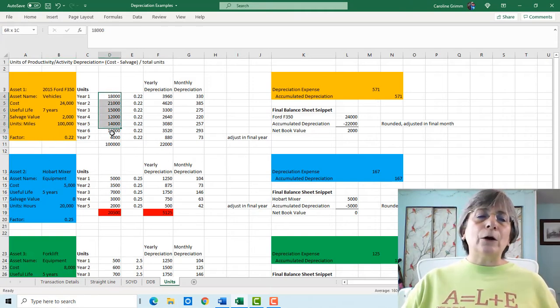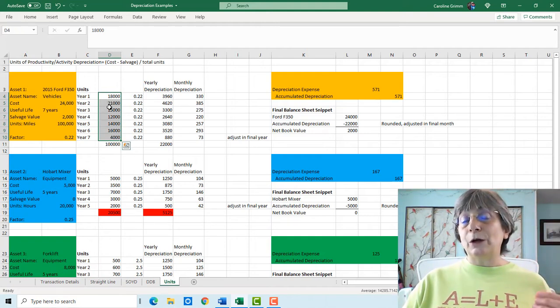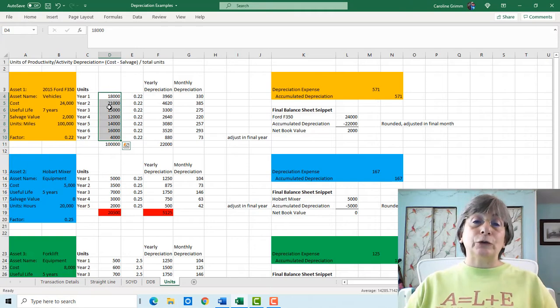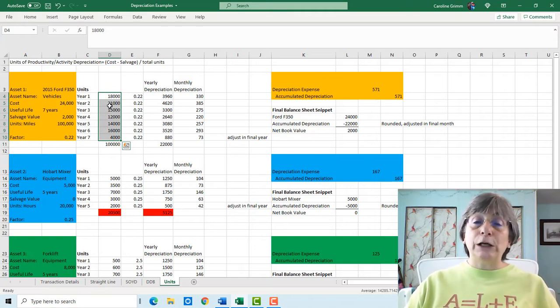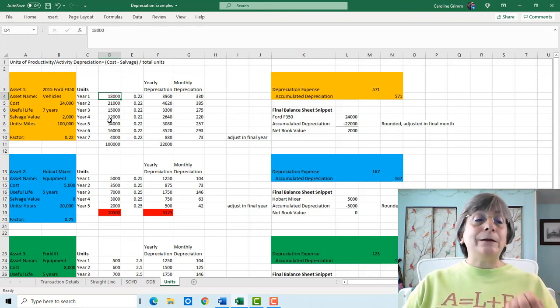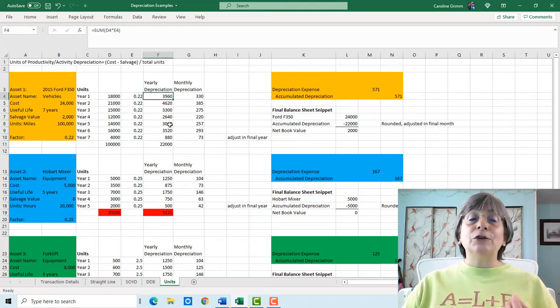And then over here, we have listed out the total number of units that we actually used this asset for each year. So in year one, we used 18,000 miles. So we're going to take that actual usage and we're going to multiply it by our factor of 22 cents. It would give us depreciation for the year of $3,960.